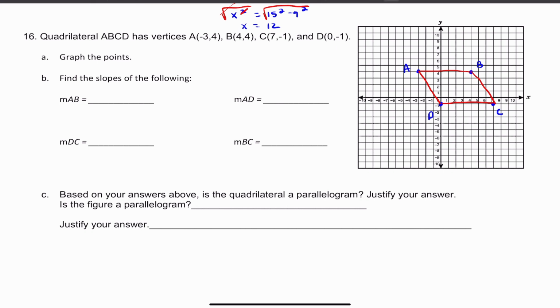I love how it's already laid out for me. It says find the slope of AB. So here's A, here's B. Remember, the slope formula is m equals y2 minus y1 over x2 minus x1.